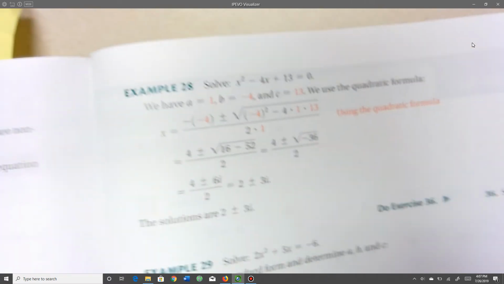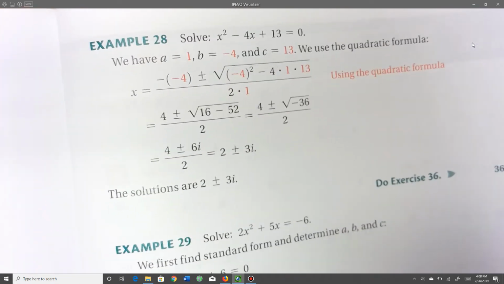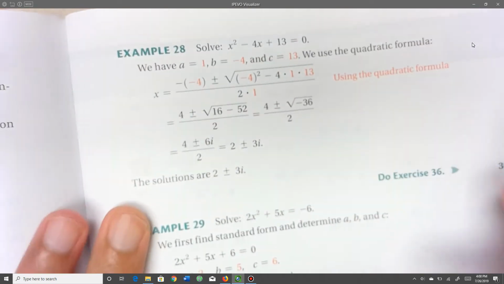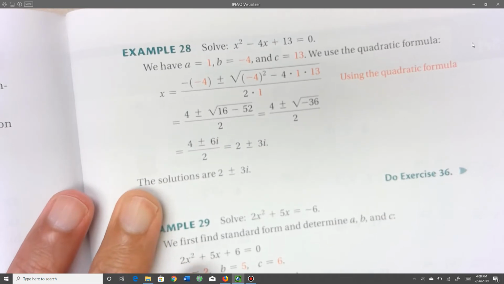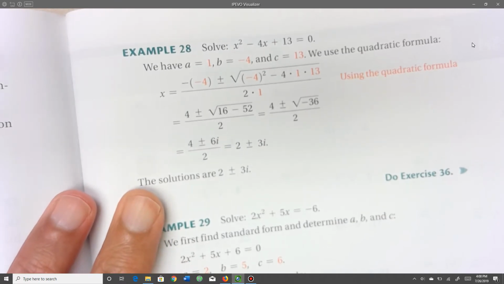Now, the only other thing you need to be familiar with is the quadratic formula.